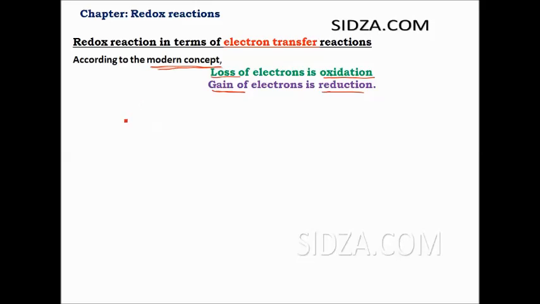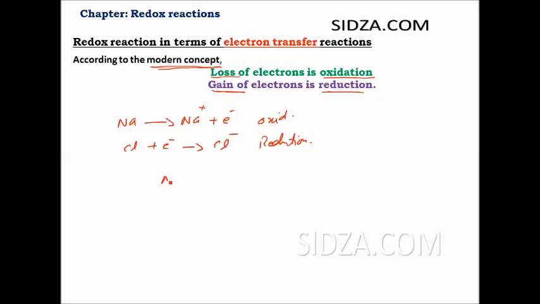Let's take an example. Suppose you have sodium, it changes into Na+ and loses an electron here. So this is an oxidation. And suppose chlorine accepts an electron and forms Cl-, gain of electron, that's called reduction. Correct?